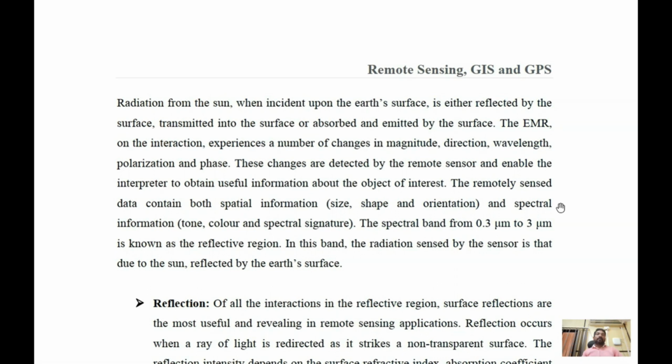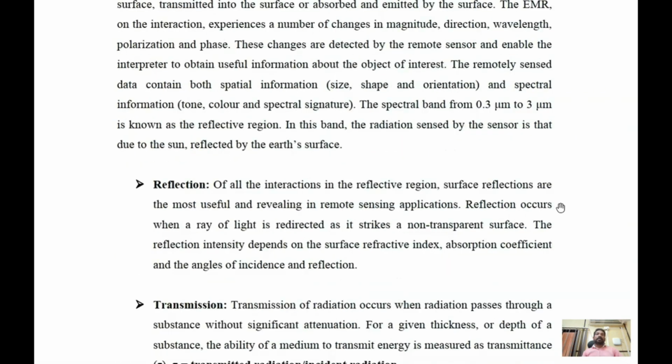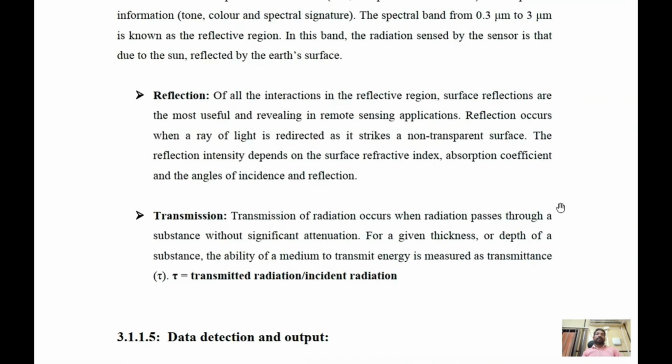The spectral band from 0.3 micrometer to 3 micrometer is known as the reflective region. In this band, the radiation sensed by the sensor is due to the sun reflected by the Earth's surface. Reflection. Of all the interactions in the reflective region, surface reflections are the most useful and widely used in remote sensing applications.